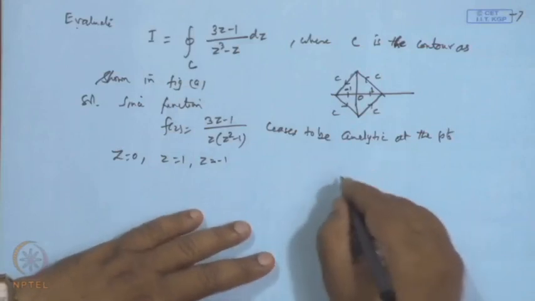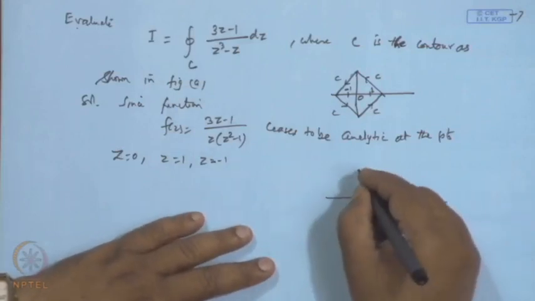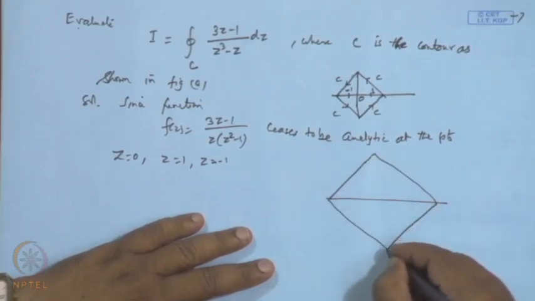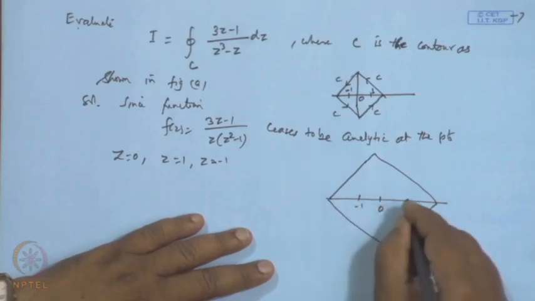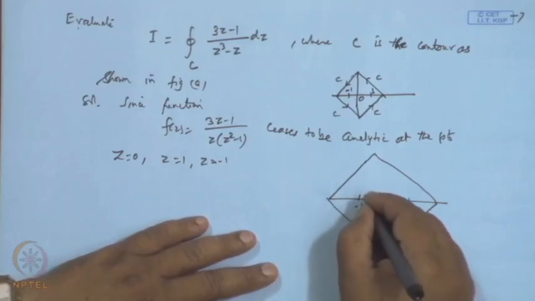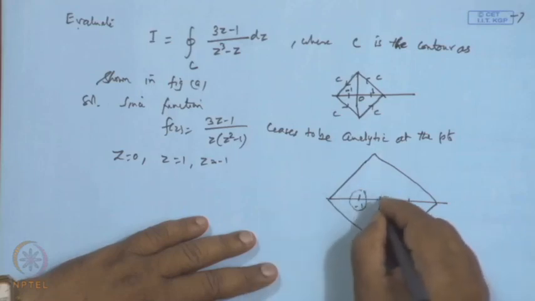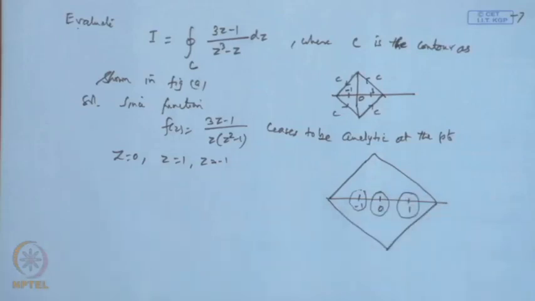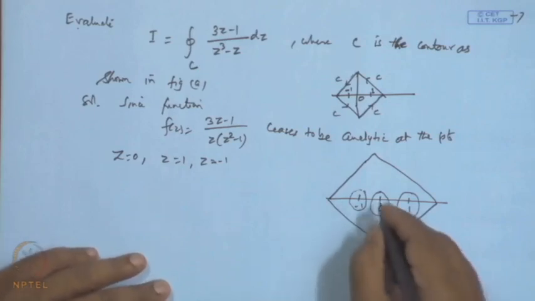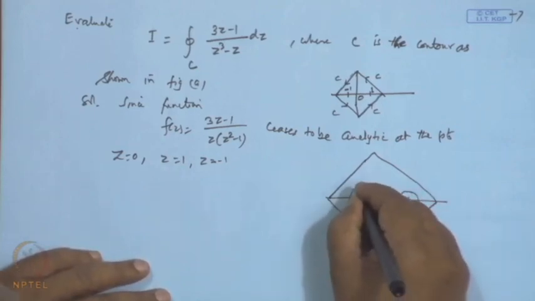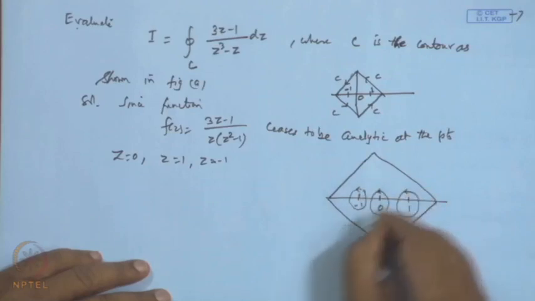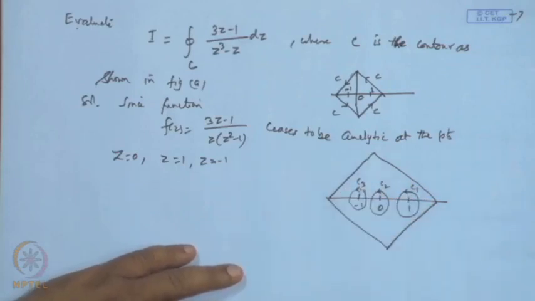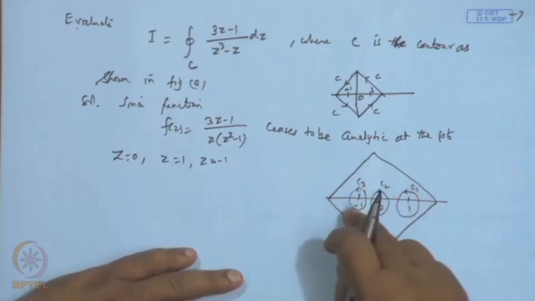So, if I consider the domain which is free from these points, that is 0, minus 1, 1, just draw circles centered at 1, centered at 0 and centered at minus 1. If I draw these curves, say C1, C2, C3, these are the closed curves which enclose the points 1, 0 and minus 1 respectively.